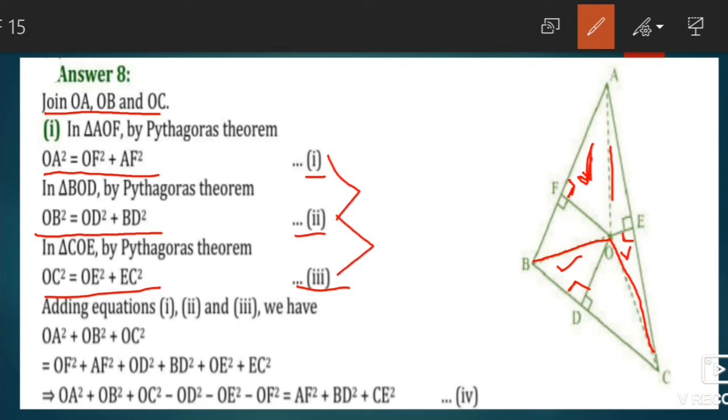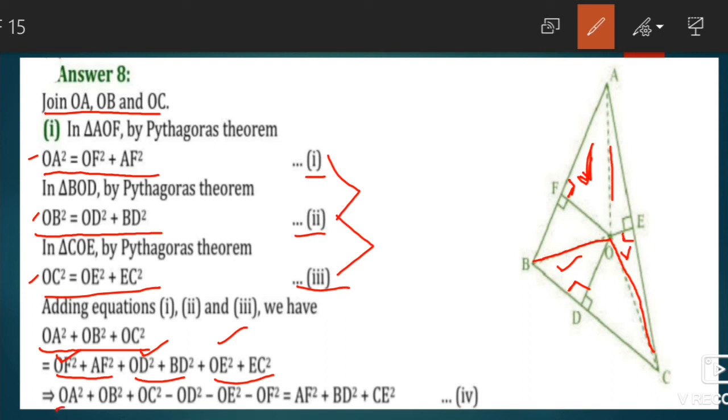Okay, if you add these three equations, in the left hand side it will become OA square plus OB square plus OC square, and in the right hand side it will become OF square plus AF square plus OD square plus BD square plus OE square plus CE square. Okay, now take this OD square, OE square, OF square to the left hand side.